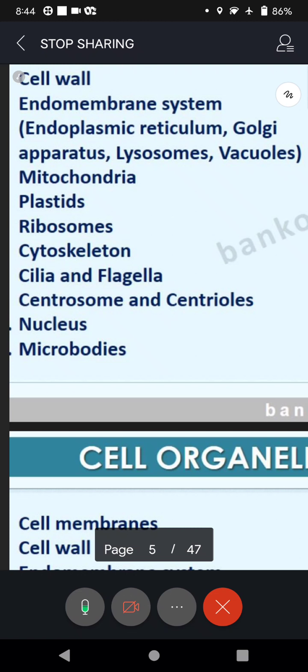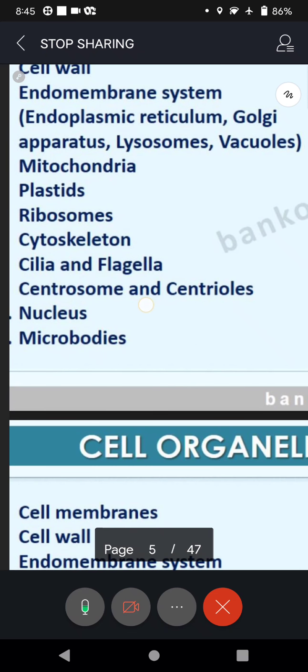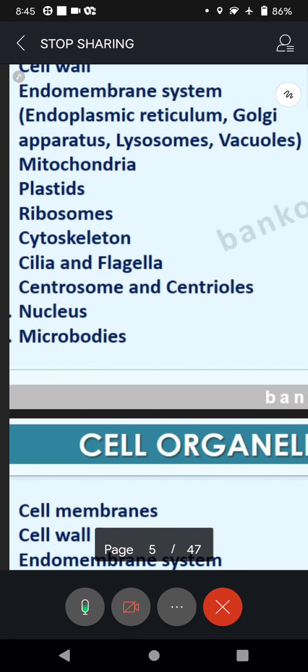And then the second one is chromoplast. We are also seeing not only the green color that is present in plants. Sometimes we are seeing a variety of colors in flower, in bud, in the whole plant, even in leaf. For example, crotons, you must have observed a leaf with a variety of colors: red color, brown color, blue color, yellow color. So these colors are because of the presence of chromoplasts.